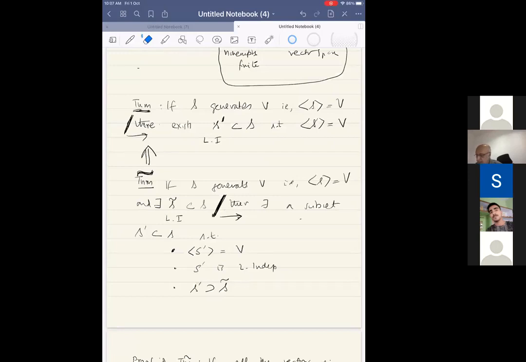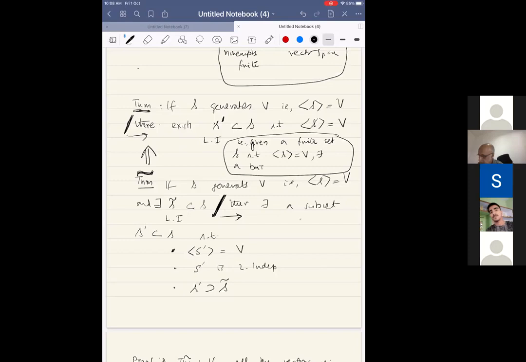This theorem can be reformulated once we have the definition of a basis as follows: given a finite set S such that the span of S equals V, there exists a basis S tilde contained in S. I've just reformulated this theorem using the definition of a basis.